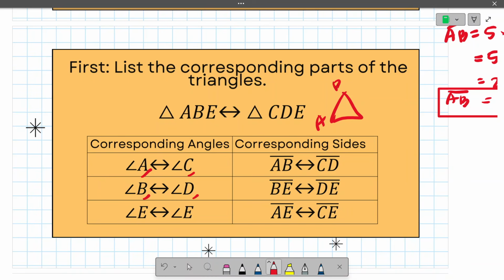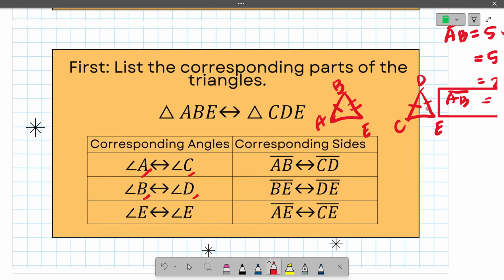A, B, C, and we have triangle C. Wait lang. This is E, and then C, D, E. Yan. This side AB corresponds to side CD. This BE corresponds to side DE.